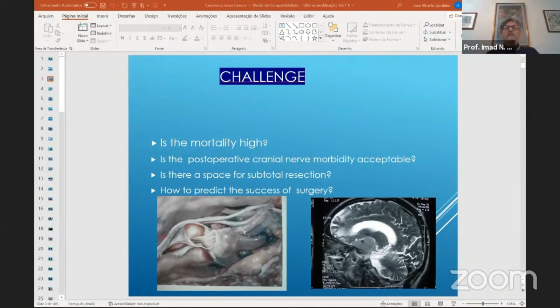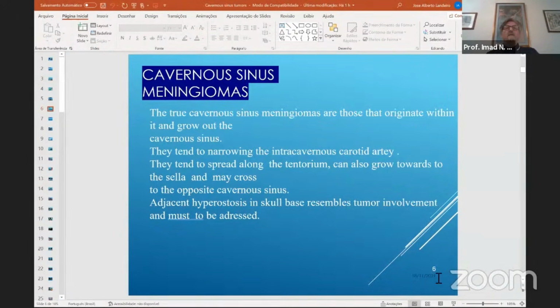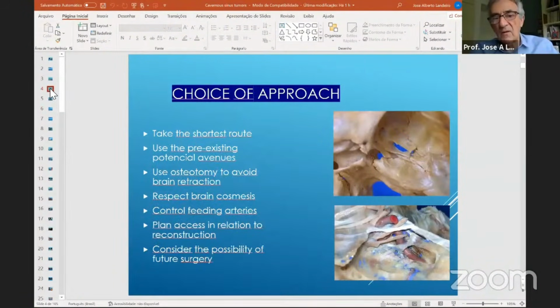Number 4, on the left side, on the left column. Did you see number 4? Yes, but remember, you have to advance it yourself.